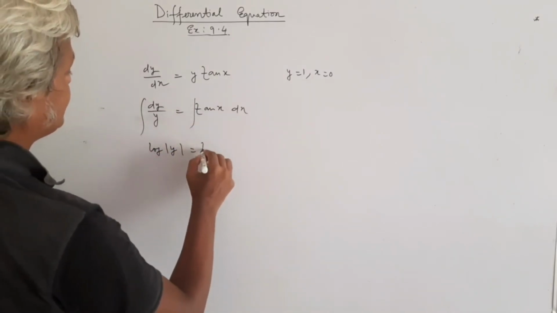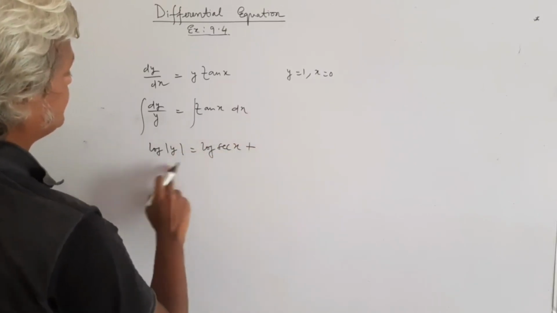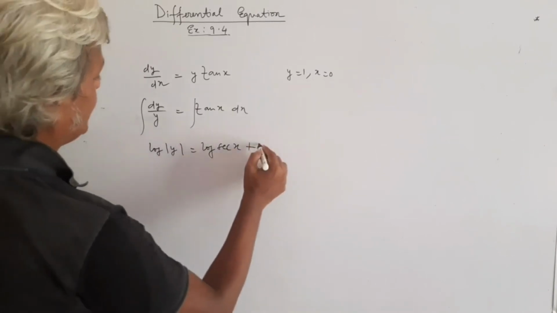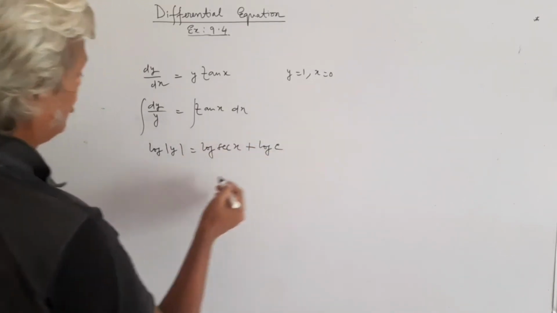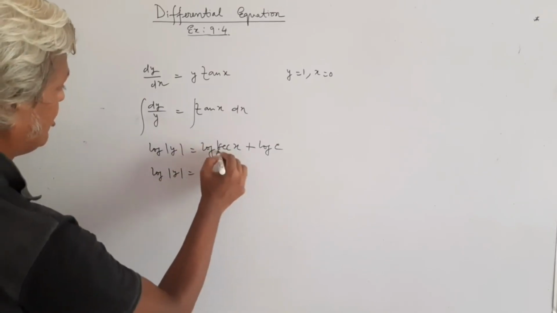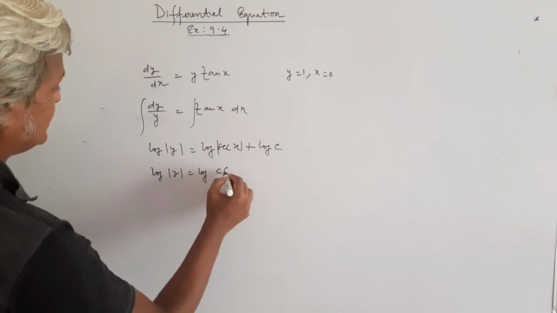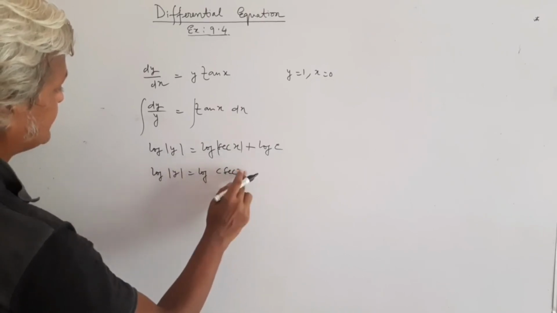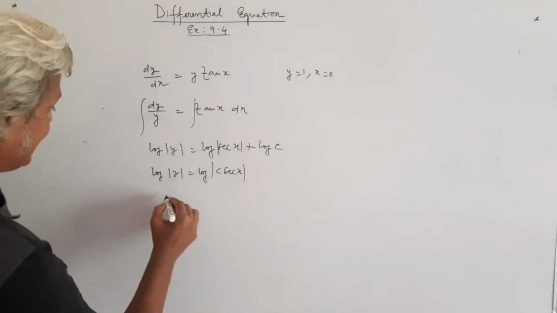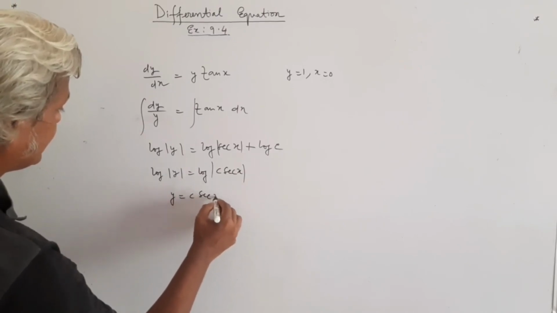Integration of tan x is log sec x. Since both these are log, I introduce my constant also as log. So I get log mod y is log mod sec x plus log mod c, that is log c sec x. Now take anti-log and then you find y is c sec x.